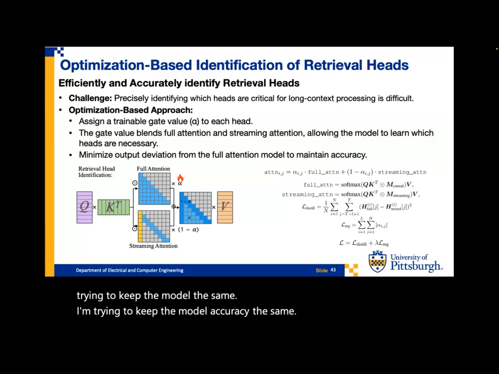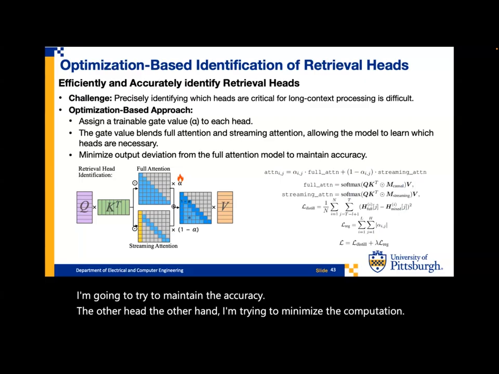But I'm also going to try to minimize the alphas. So on one hand, I'm going to try to maintain the accuracy. On the other hand, I'm trying to minimize the computation cost.